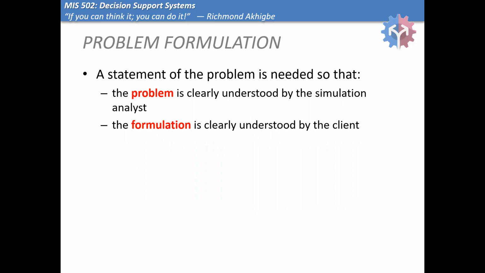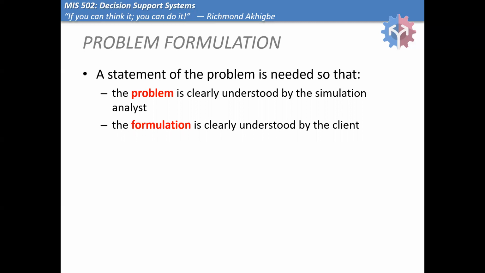So the statement of the problem is needed so that the problem is clearly understood by the simulation analyst, and whatever the problem you have defined as a statement must be understood by the client as well. So here you don't have a client as such, right? You're not talking to businesses directly, you're just working on your own.